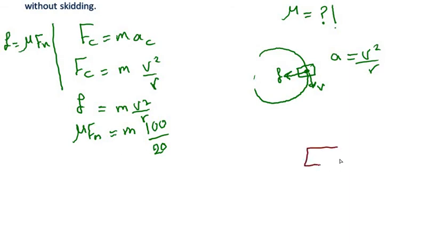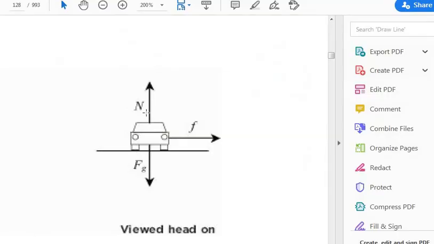Now the forces on the car in the vertical direction are Fn up and Fg down. These are the forces on the car. The friction is toward the center, if this is the roundabout. Fn is up and Fg is down.